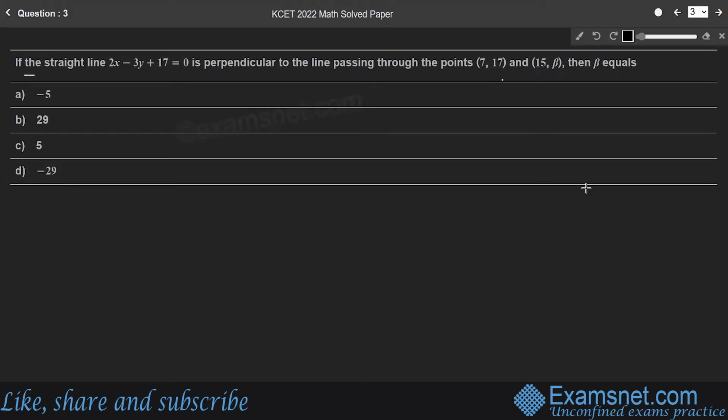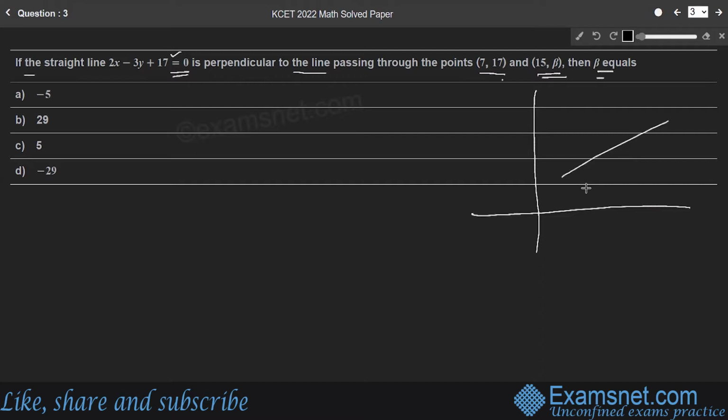Question number 3. If the straight line 2x minus 3y plus 17 is equal to 0 is perpendicular to the line passing through the points 7, 17 and 15, beta, then beta is equal to. So students will consider two lines which are perpendicular to each other in coordinate geometry.